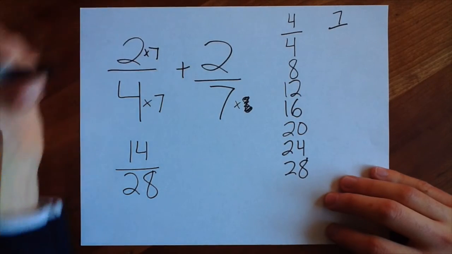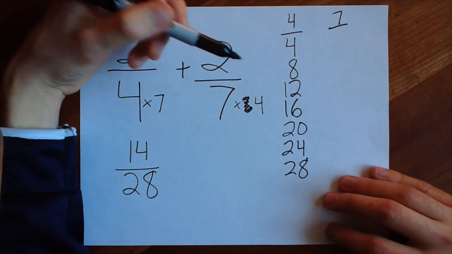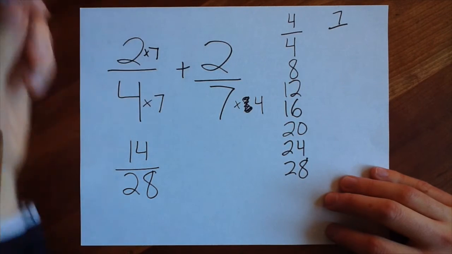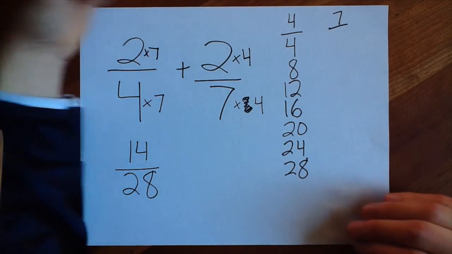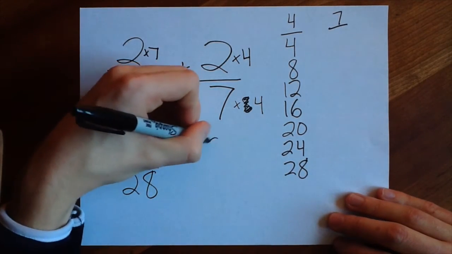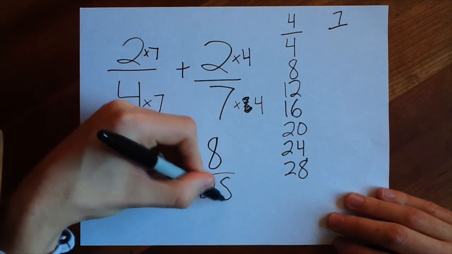Say it with me. What we do to the bottom, we do to the top. That was 2 times 4 is 8. And we'll rewrite it below. 8 28ths.